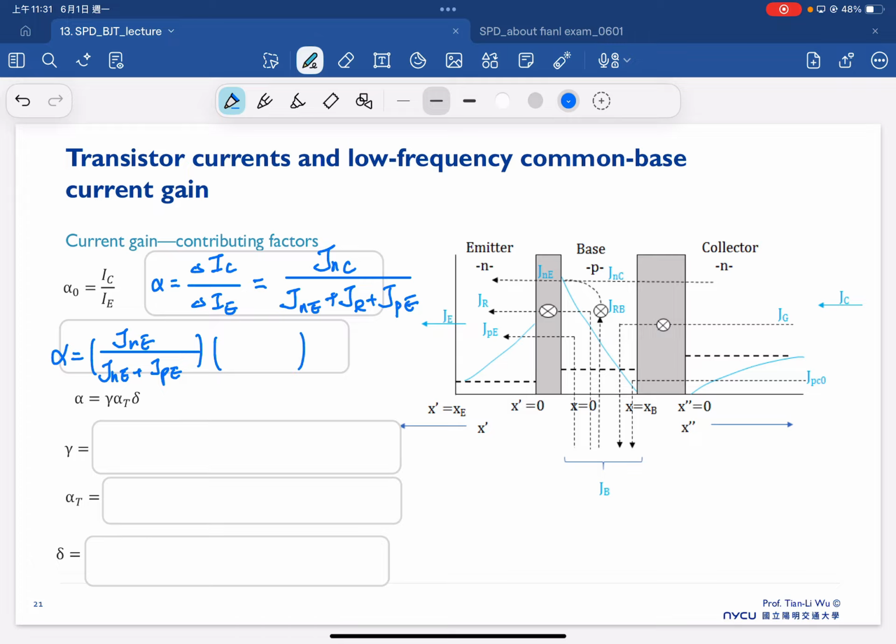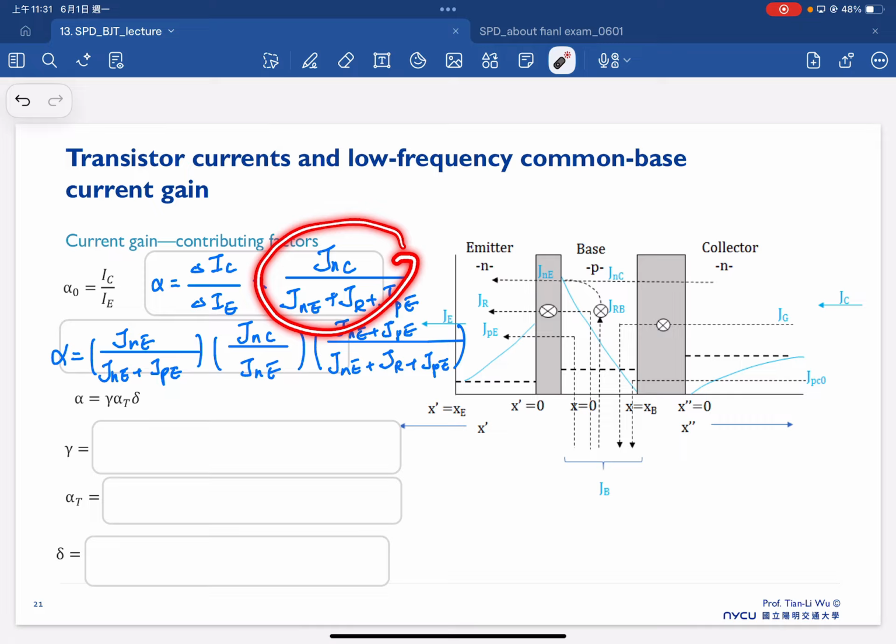The second term, the JNC over JNE. And then the third term, JNE plus JPE over JNE plus JR plus JPE.